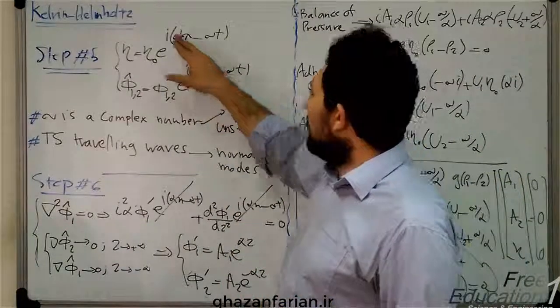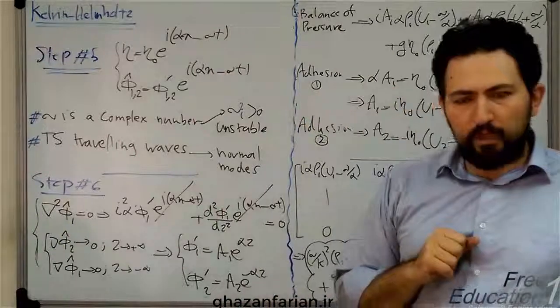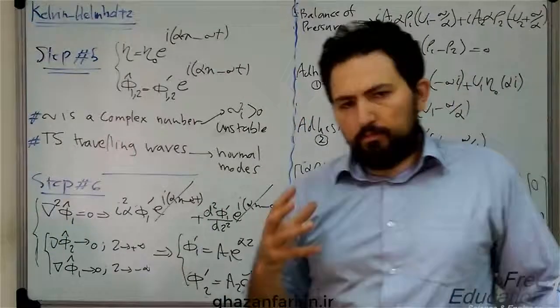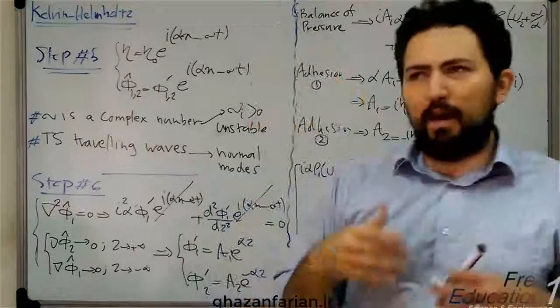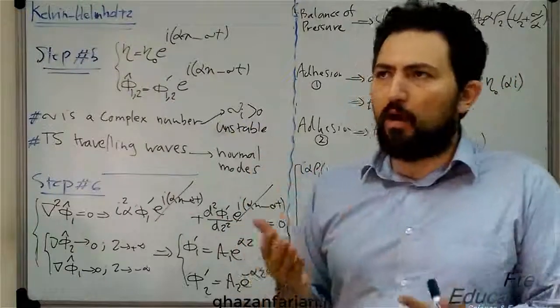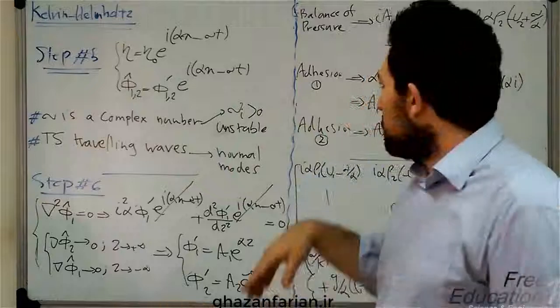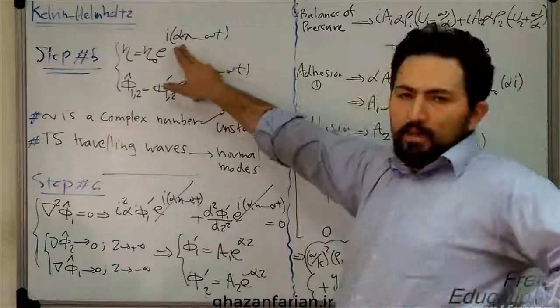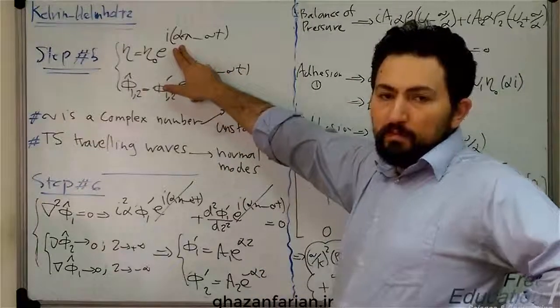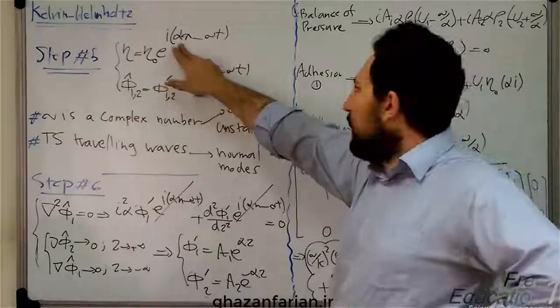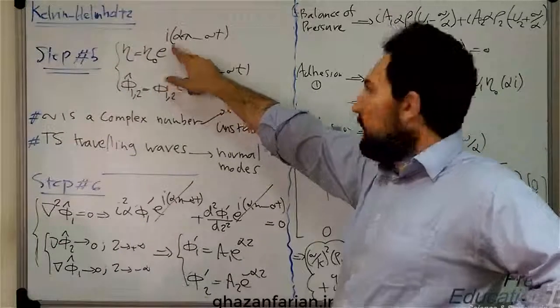So when alpha is a real number, speaking about the growth of a disturbance with x is meaningless. So if you want to investigate the spatial instability, alpha should be a complex number.